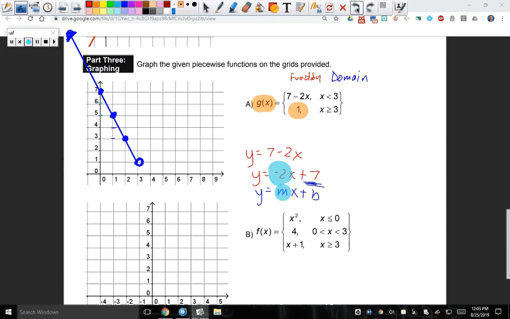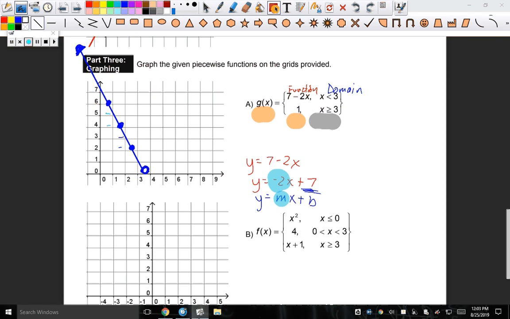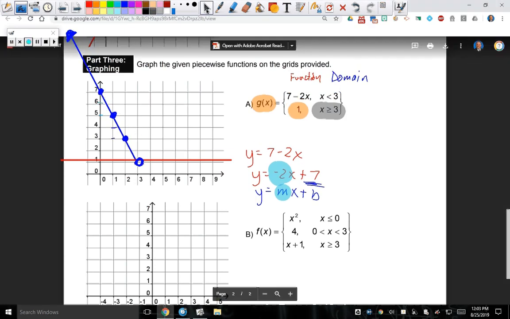We're only going to draw the piece where x is greater than or equal to 3. So let's get a horizontal line going here, and let's do this one in red, y equals 1. It will shift up here in just a bit.